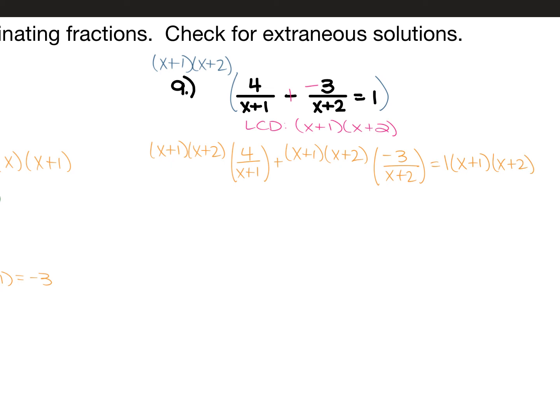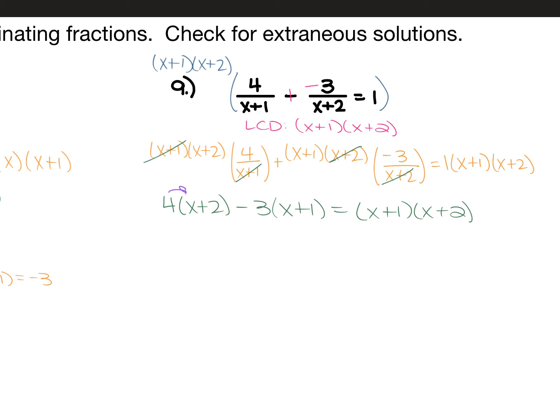So from here, I'm going to simplify. The x plus 1's here simplify. The x plus 2's here simplify. So ultimately, I'm doing 4 times x plus 2 minus 3 times x plus 1 is equal to x plus 1 times x plus 2.